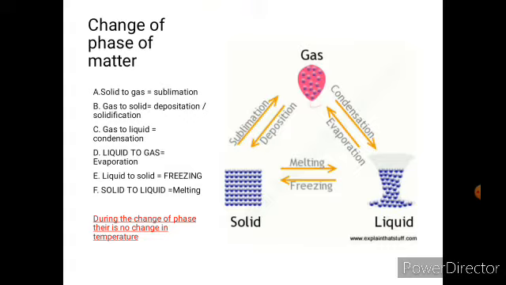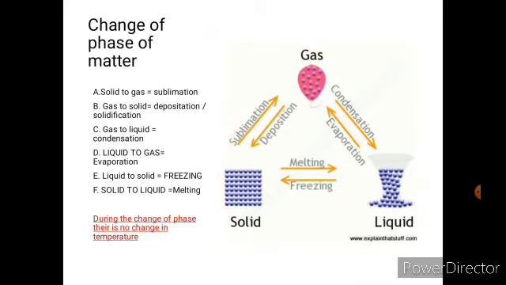Similarly, if the gas is changing into a liquid, we name this condensation. If the liquid is changing into a gas, we name it evaporation.